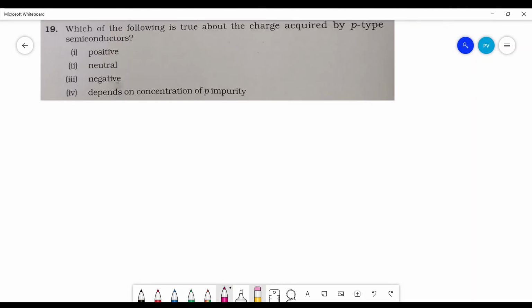Which of the following is true about the charge acquired by p-type semiconductors?